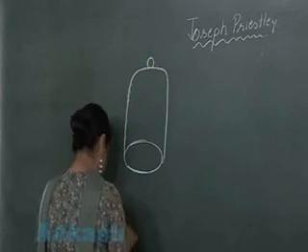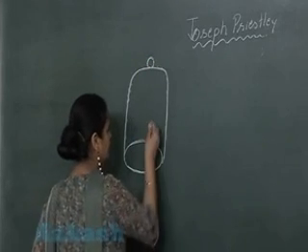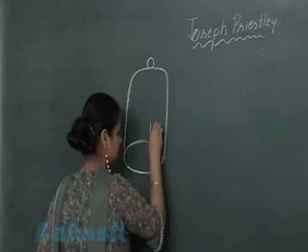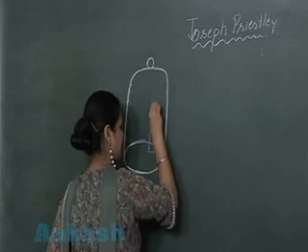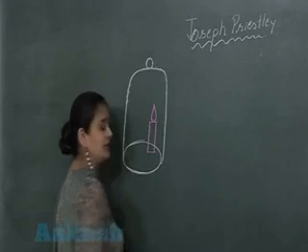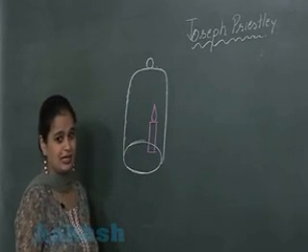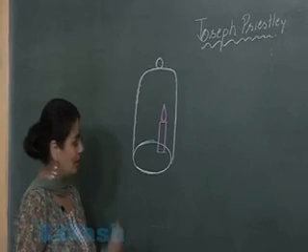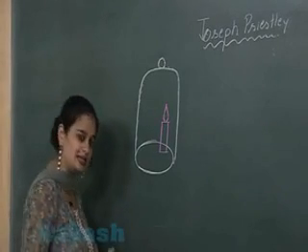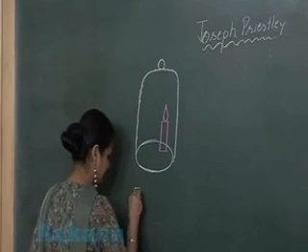And inside the bell jar he placed a burning candle. Inside the closed jar, when he placed a burning candle, he observed that after a certain time duration, this burning candle gets extinguished.